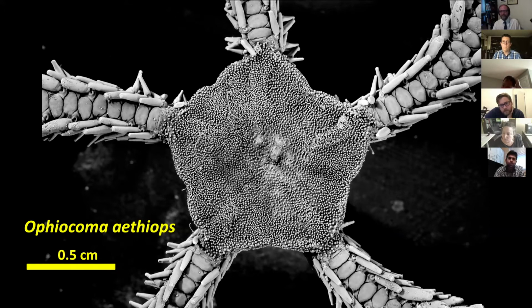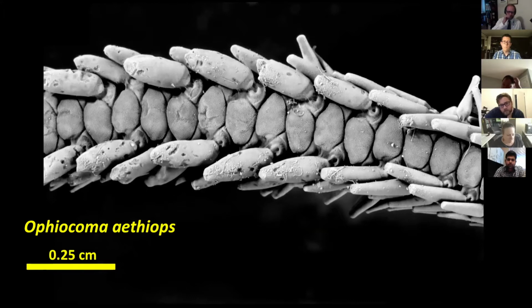But now let's look at the arm itself. The arm is a whole series of serially repeated segments. Because of that, we have a series of plates here like these. These are called dorsal shield elements, and they repeat right and left, but they're orderly and understandable.